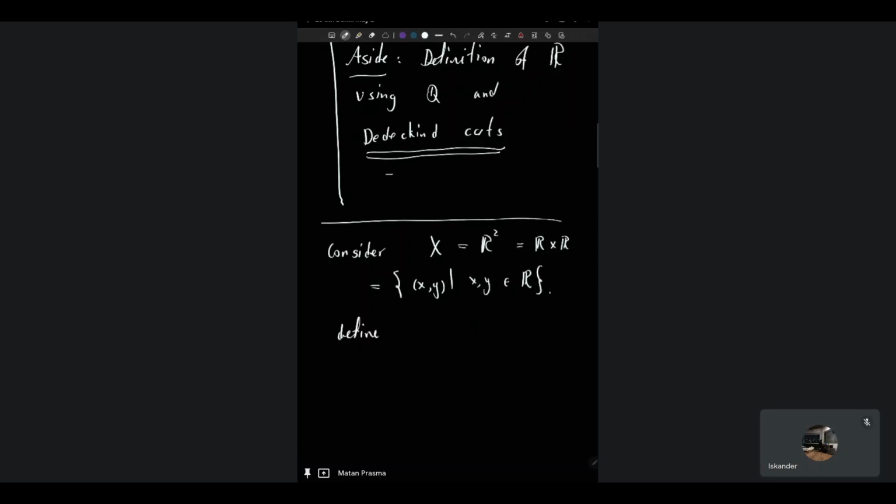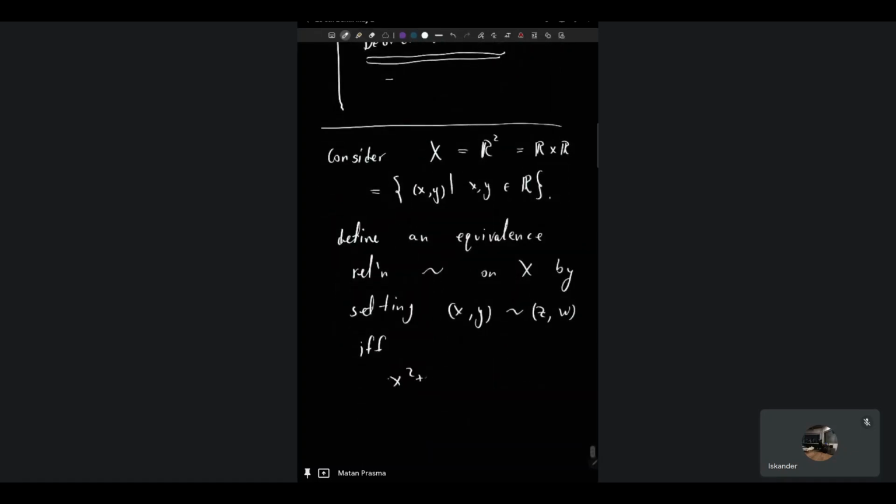Define an equivalence relation tilde on X by setting X comma Y equivalent to Z comma W if and only if X squared plus Y squared is equal to Z squared plus W squared.